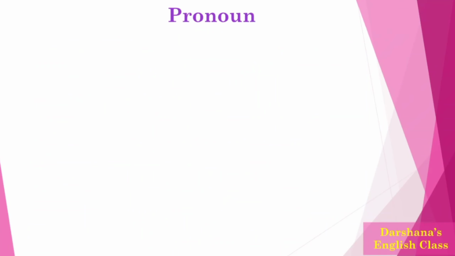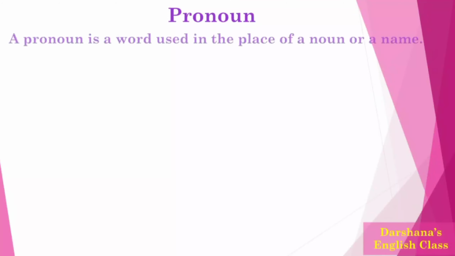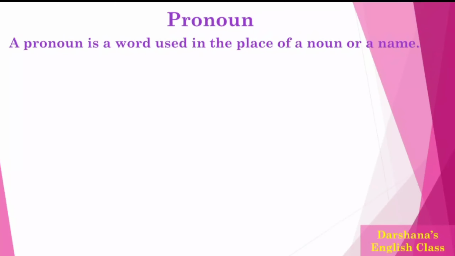The second part of speech, pronoun. A pronoun is a word used in the place of a noun or a name. Now, if I want to talk about someone, for example, Ram is an ideal character in Ramayana. I won't repeat the proper noun again and again, isn't it? I don't have to repeat every time.